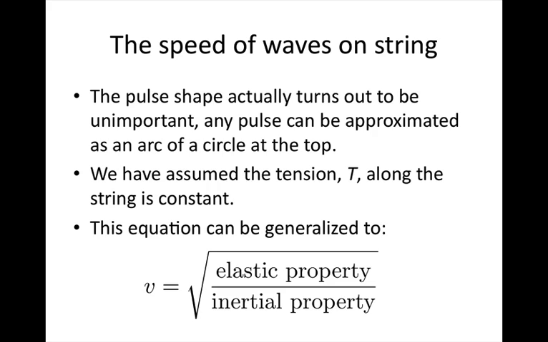We'll be seeing it for sound waves, but we can generalize it to the velocity is equal to some elastic property, in this case the tension, over some inertial property, in this case the mass per unit length. For a sound wave, it ends up being the bulk modulus, given the symbol B, over the density per unit volume of the material that the wave is travelling through.